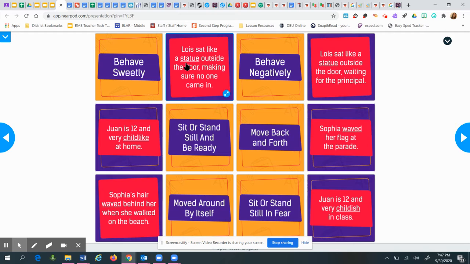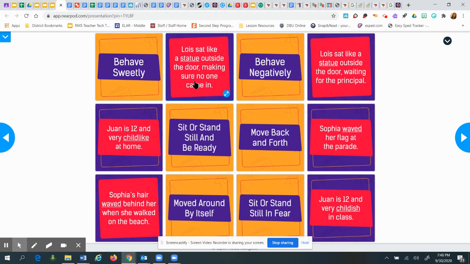I'm thinking about a statue and how a statue looks. Statues are typically made out of some kind of hard material, some kind of metal, maybe concrete, iron, something like that, and they don't move. So I'm thinking sit or stand still and be ready, or sit or stand still in fear.